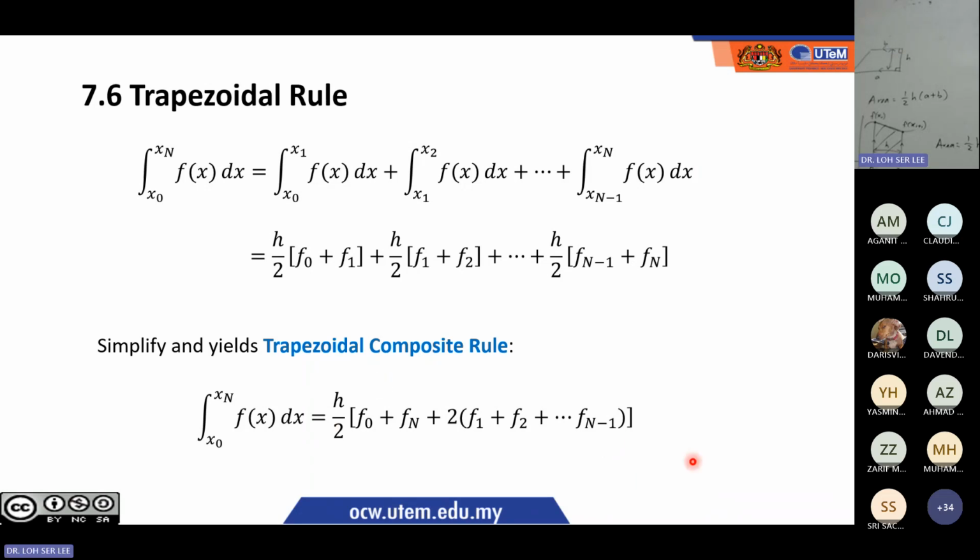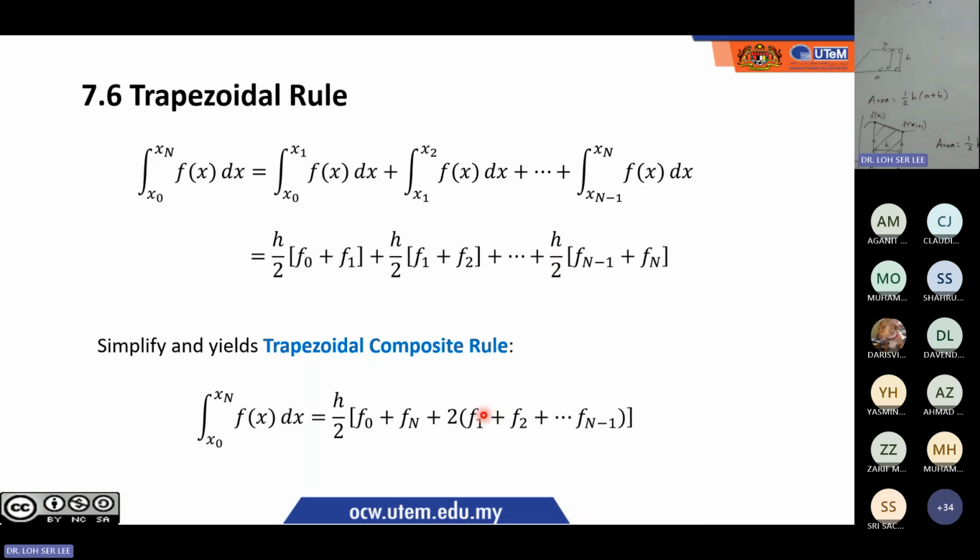Okay, so this formula will be given in the appendix, for the trapezoidal and the Simpson's rule. You see, all of this has to be multiplied by h over 2 and then you sum them up. So f1 repeats 2 times, f2 also repeats 2 times, up to the second last f, you have 2 times, right? f0, f1, f1, f2, f2, f3.